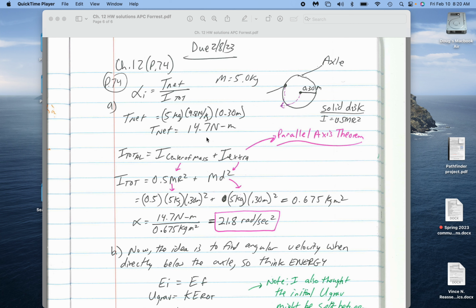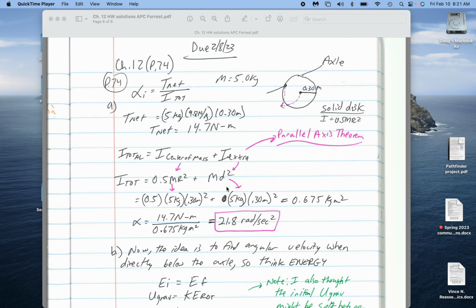So the net torque, 14.7 Newton meters. Why? Because the center of mass is acting here. It's 0.3 meters away. Gave you the mass, mg, at that distance. That's the torque. The total moment of inertia is equal to the moment of inertia if we rotated this about the center of mass plus the extra due to the fact that it's rotated along the edge. So the center of mass of a solid disk, 0.5 mr squared.